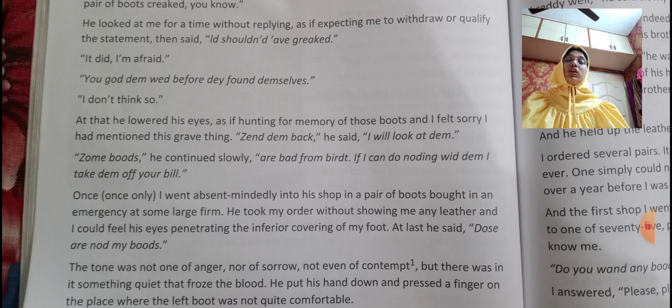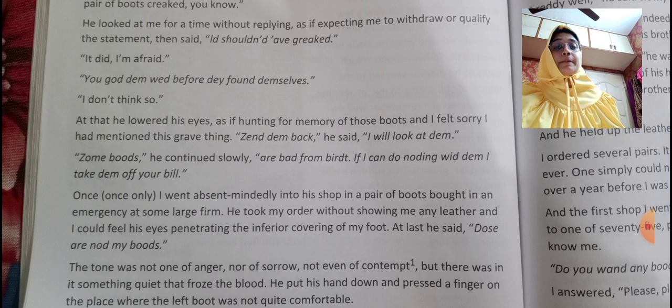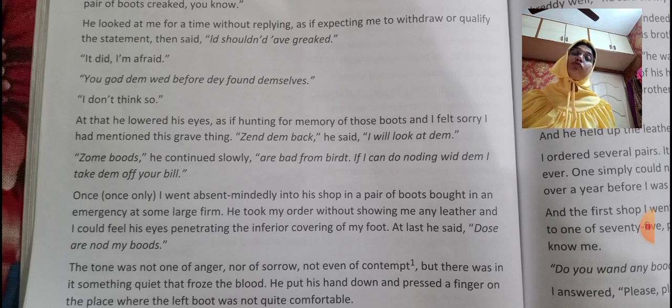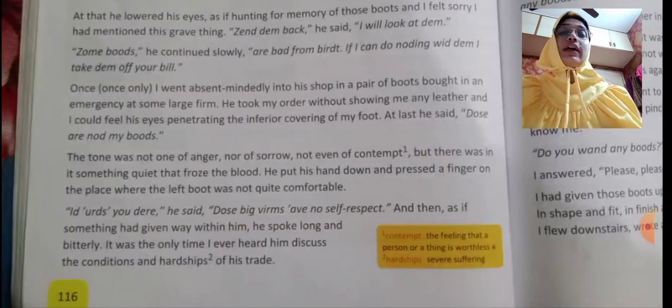So whatever he said, he was not angry because the author did not buy boots from his shop, nor sorrowful, nor complaining, but there was in it something quiet that froze the blood. He pressed a finger on the place on the left boot which was uncomfortable for me to wear.